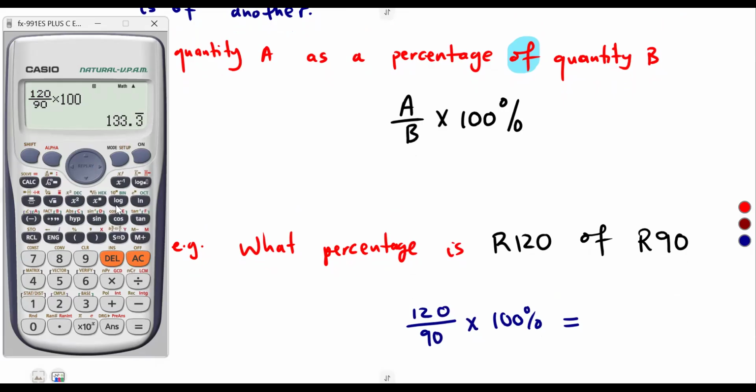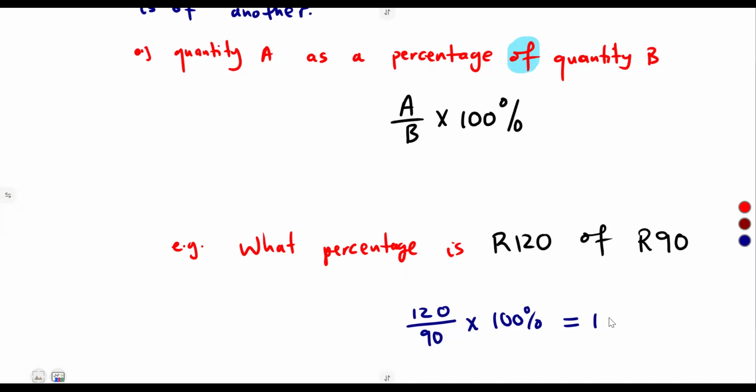Change this one to a decimal. That is 133.333 and so on, so 133.33. So it can be bigger than 100. It happens. That's why when inflation is happening, you can hear that inflation is at 200%, but you're being told that the whole is 100.